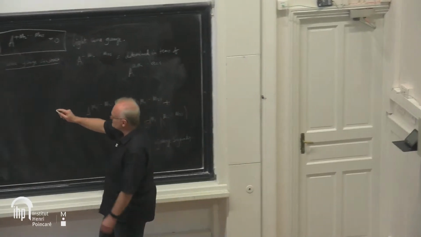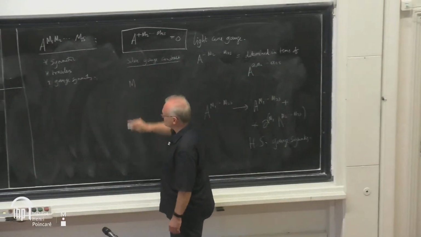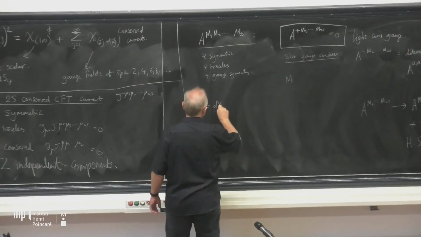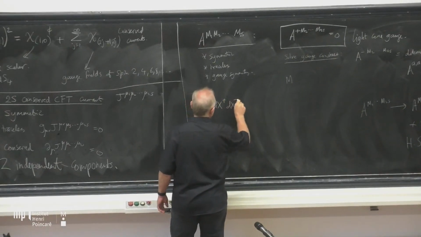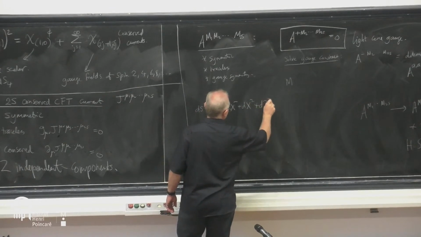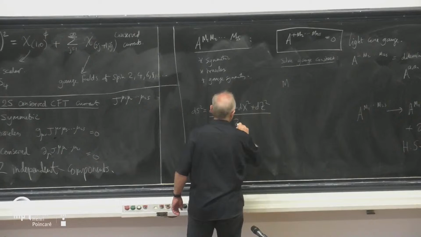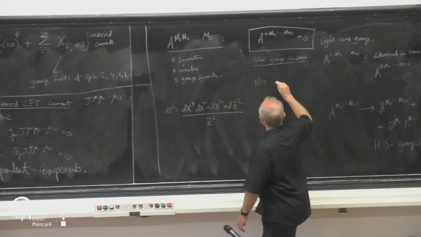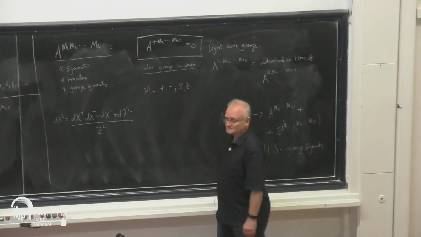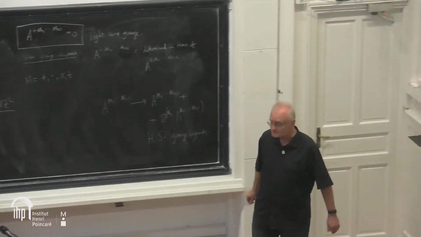So these M's, if you remember, we introduced light cone coordinates for the AdS4. We had dx plus, dx minus, plus dx squared, plus dz squared over z squared. M could take the values plus, minus, x, or z. So those ran over 4 values.